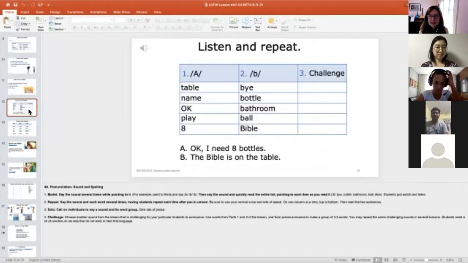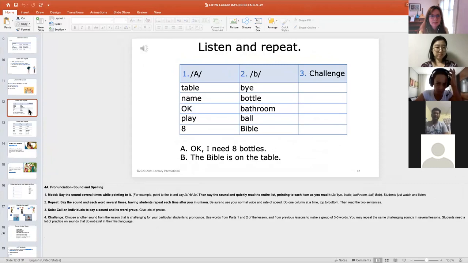And the pronunciation part of the lesson, we are reviewing two specific sounds, and then we also look at a particular sound that our group of students has difficulty in pronouncing. So that's going to vary from class to class and student to student, depending largely on the student's first language.